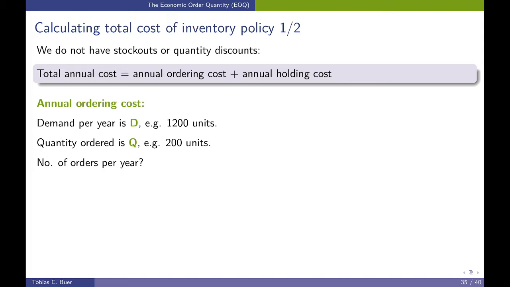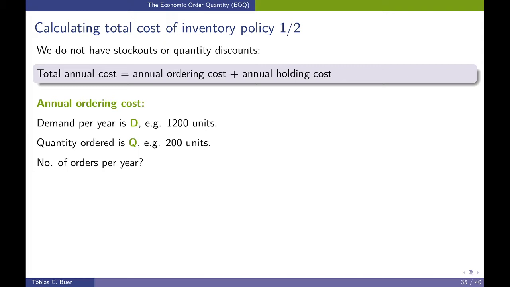So how to calculate the annual ordering cost? The cost of placing orders per year. We know the demand per year. The demand is here expressed with the variable, the parameter big D. Let's say the demand is 1,200 units.